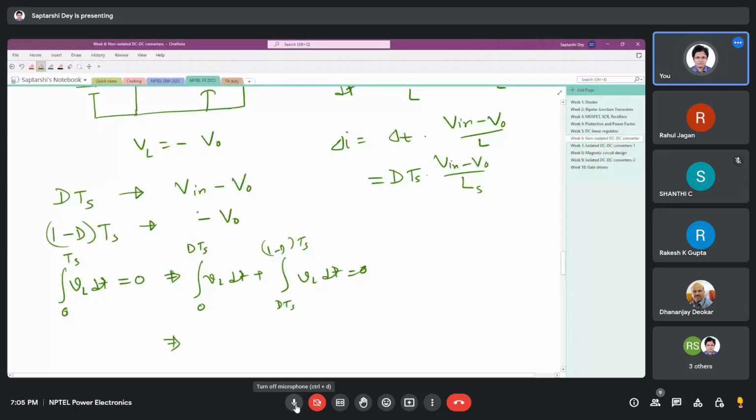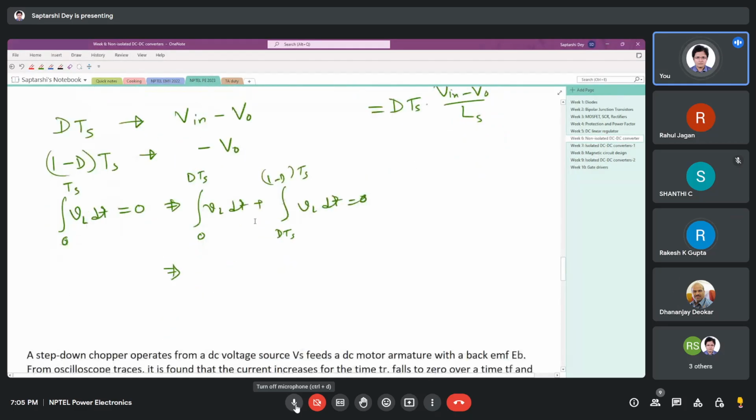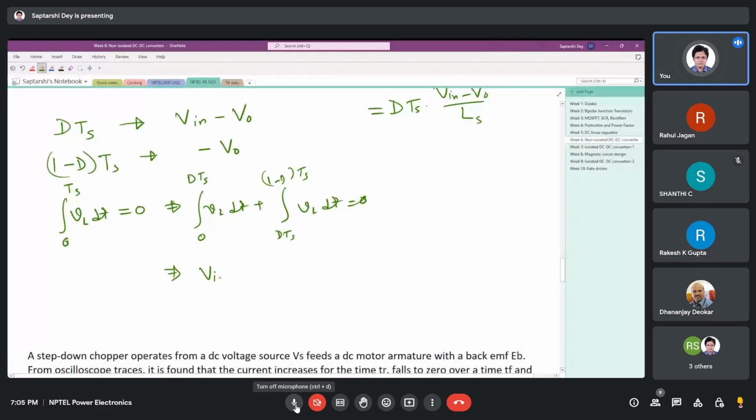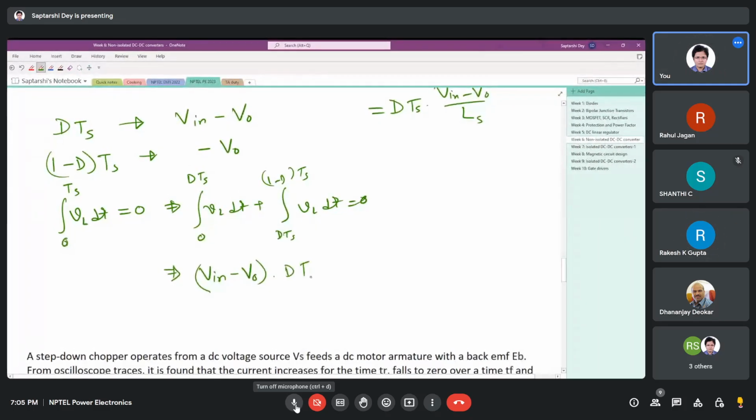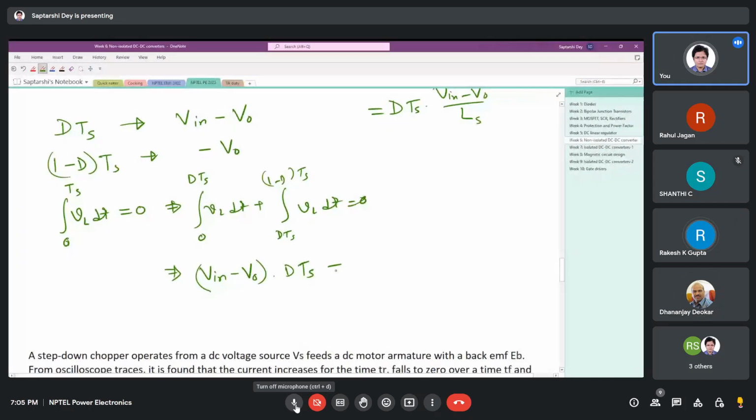During this time it is Vin minus V naught, and it's constant, not a function of time. So we can directly write it as Vin minus V naught times dTs. I'm jumping a step. If you cannot understand, tell me.